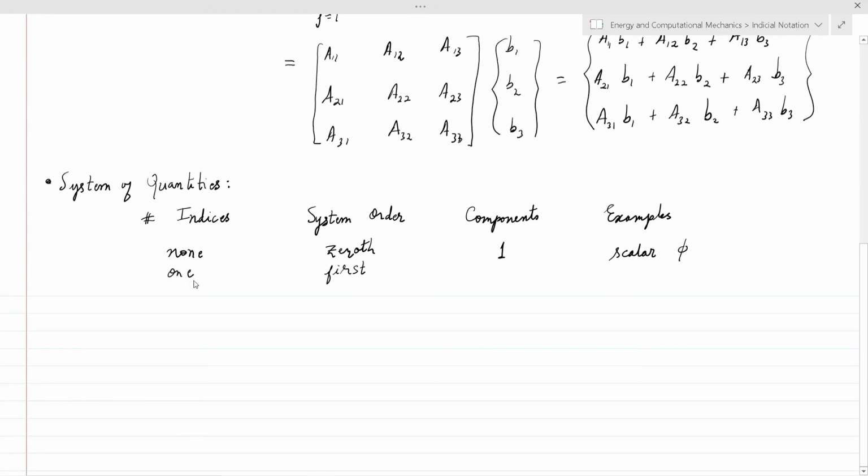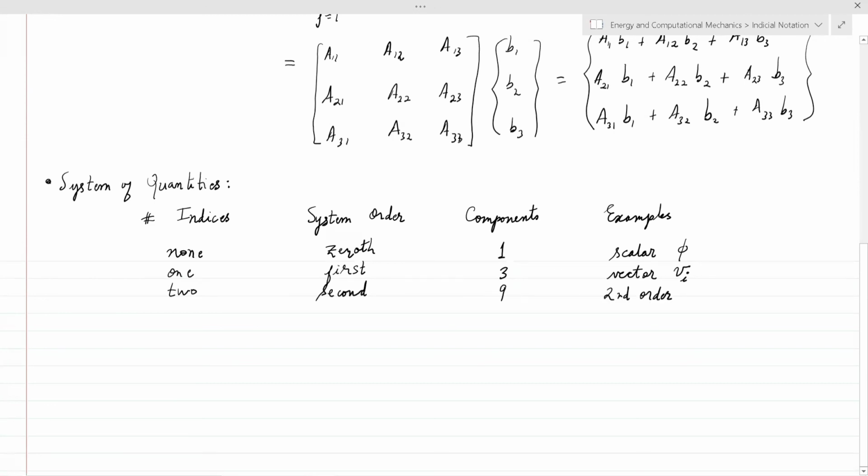If I have one index, we call that a first order tensor, and there will be 3 components, a vector v_i that has 3 components. If I have 2 indices, that's a second order tensor, and that'll be 9 components.